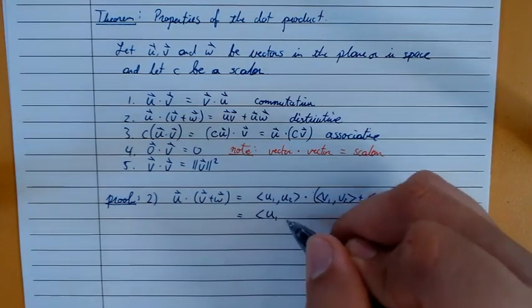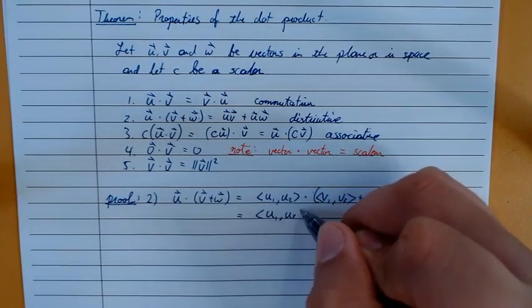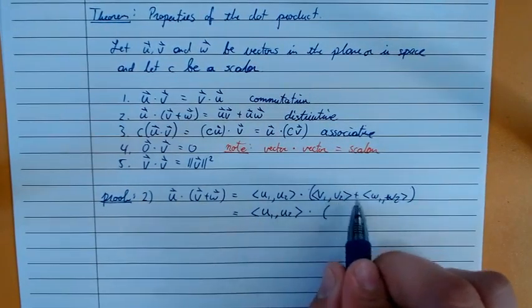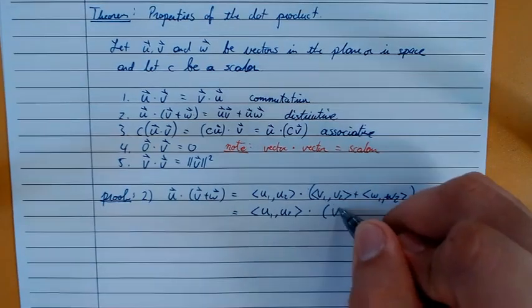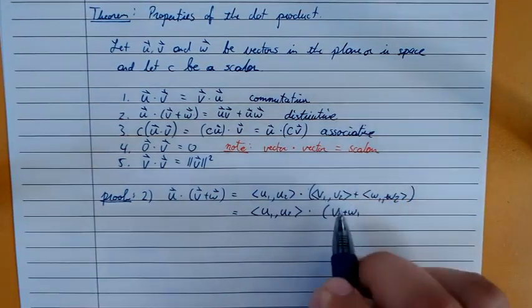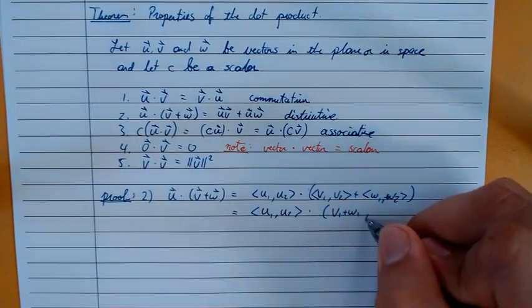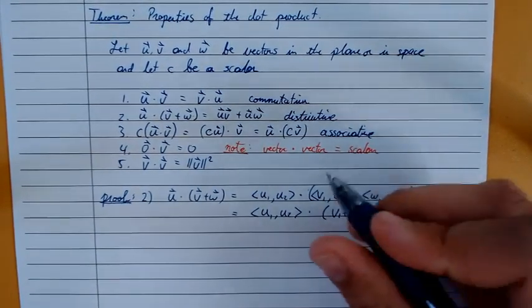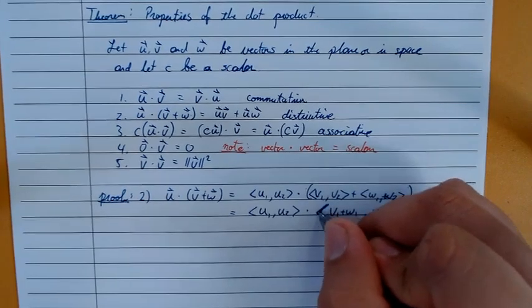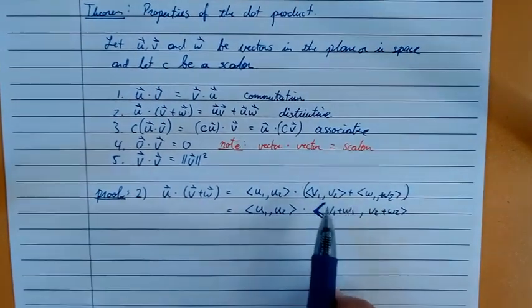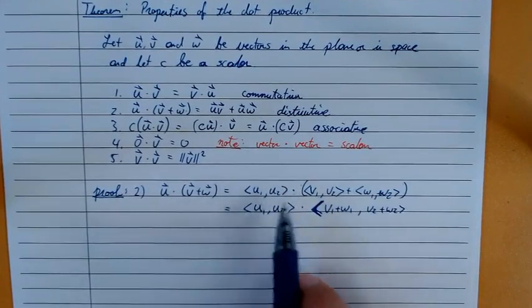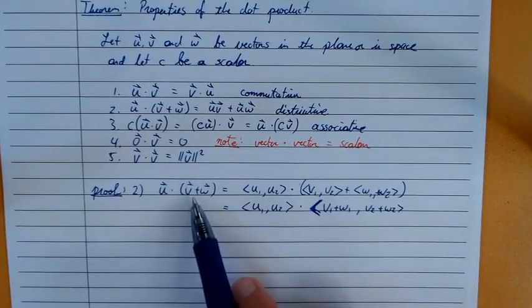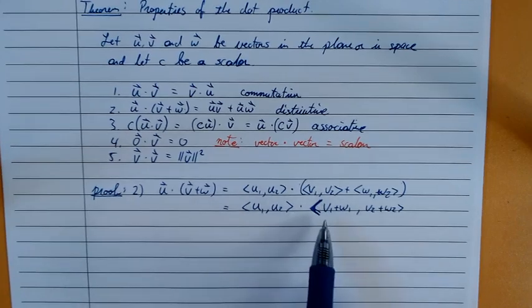So that's going to be u1 comma u2 dotted with, if you add this, v1 plus w1 and v2 plus w2. All right, so we've gone ahead and added those. We added these together first because there's a parentheses around those, right?